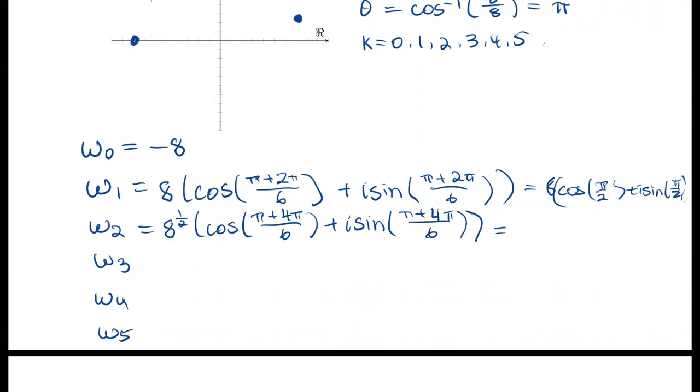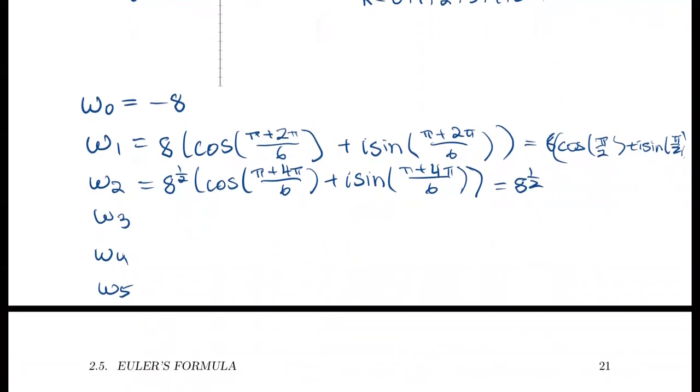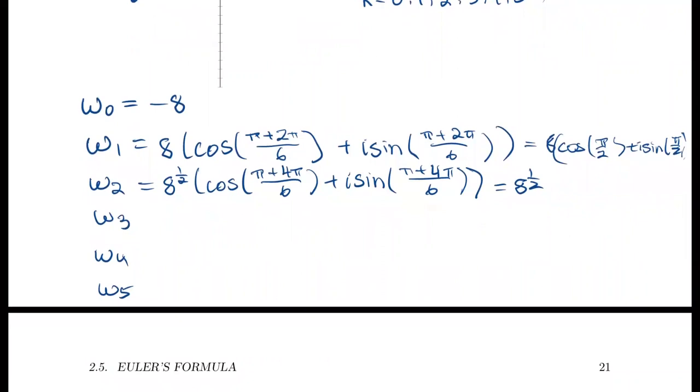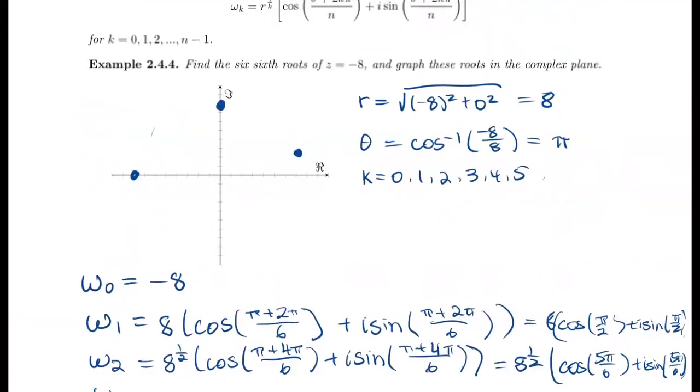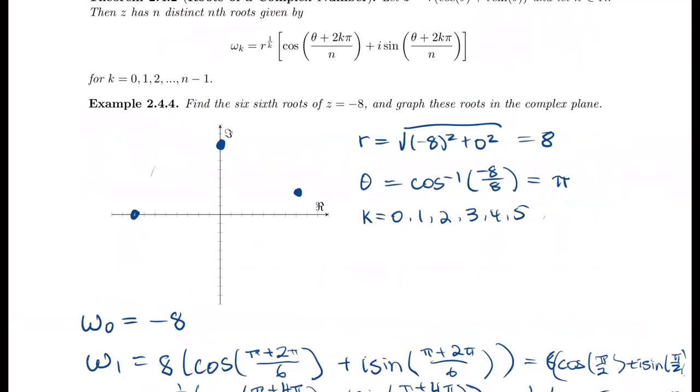And so this one should just be 8 to the power 1/2, to the power, so that's going to be 5 pi over 6. So that's negative, plus i sine 5 pi over 6. So that would be approximately somewhere maybe over here.